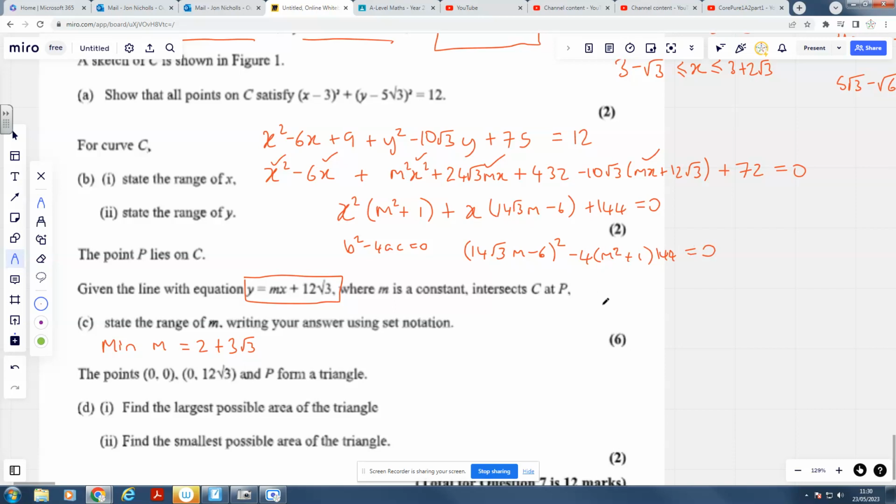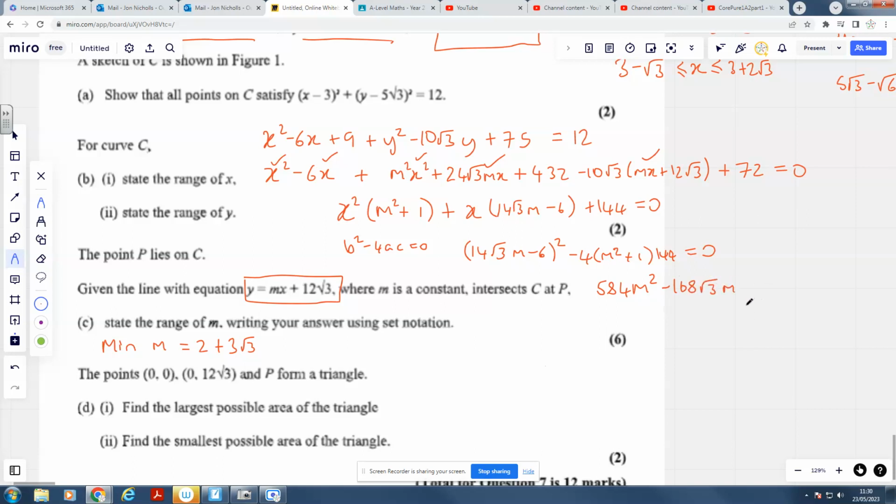Okay, after you multiply that out, you're going to get 14 root 3 squared, 588 m squared, oh, minus 4m squared, which is 584m squared. You're then going to get minus, right, 6 times 2 times 14, minus 168 root 3m. See why I don't like this question?